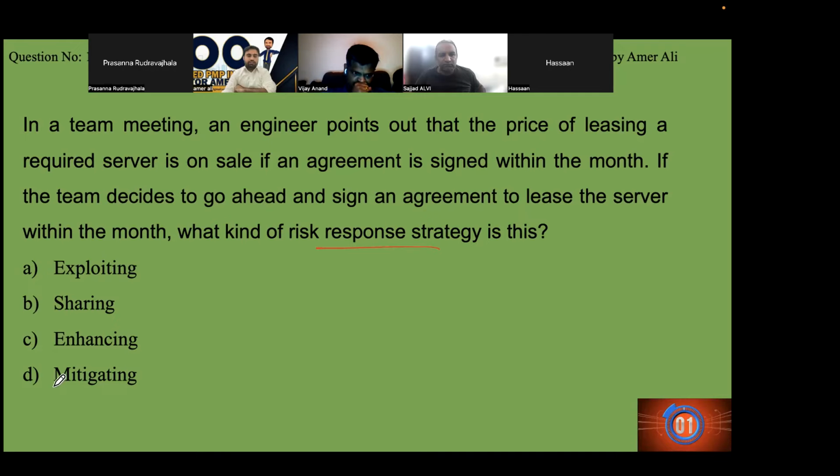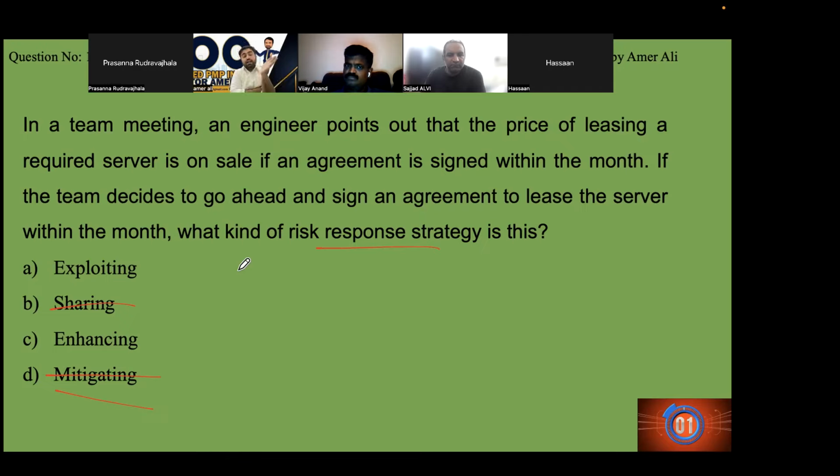Please understand mitigation is a negative thing. So here we have a positive opportunity. That is not sharing, we are not getting the other person to do that. Now the options left are A and C. The right answer would be C here. Exploiting would be that we do it immediately and then try to do something else also.